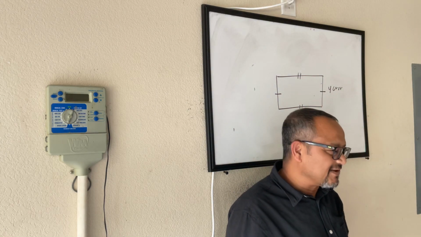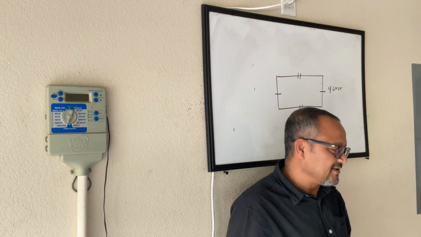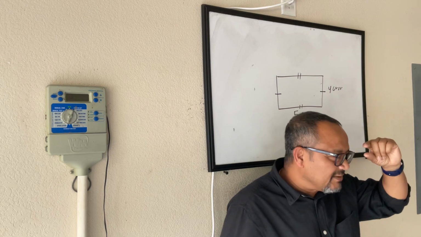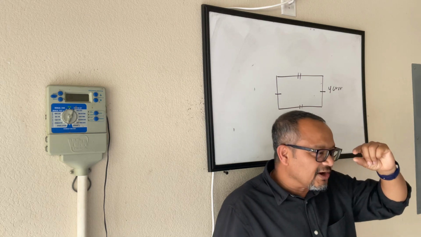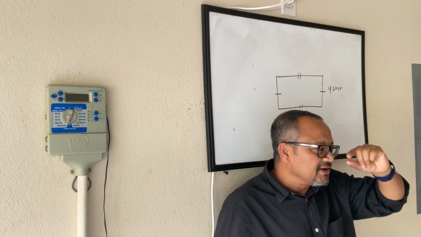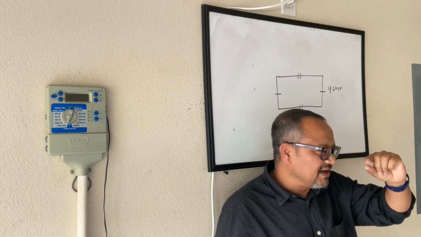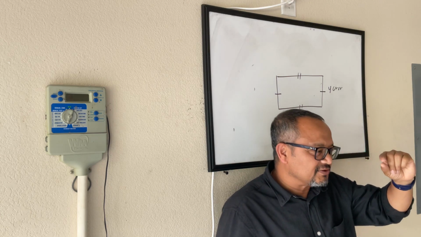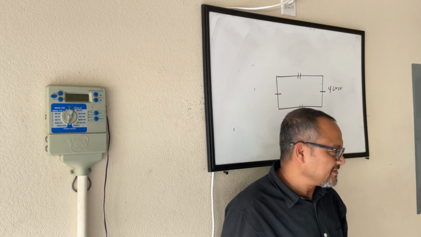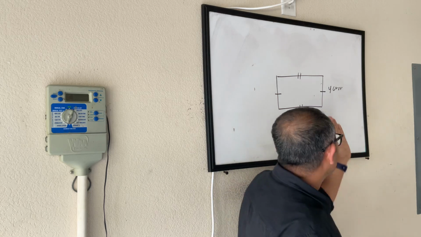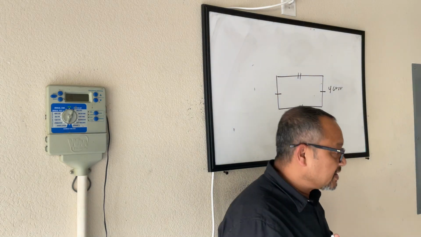No. So unit is very important. If I say I'm 5 millimeter tall, you can imagine how tall I am. You cannot even see me properly. 5 millimeter will be almost the size of a mosquito. What I'm trying to emphasize here is that unit is very important.